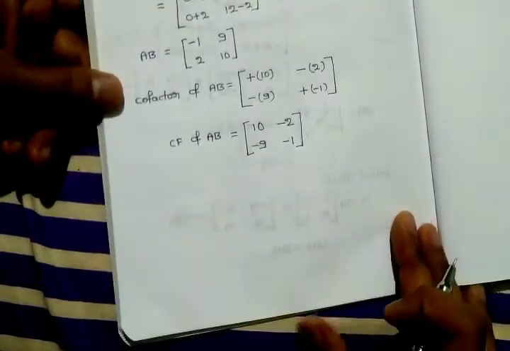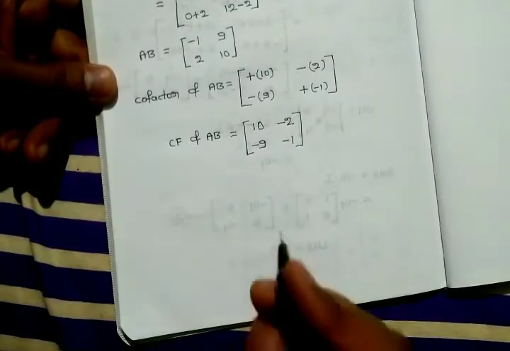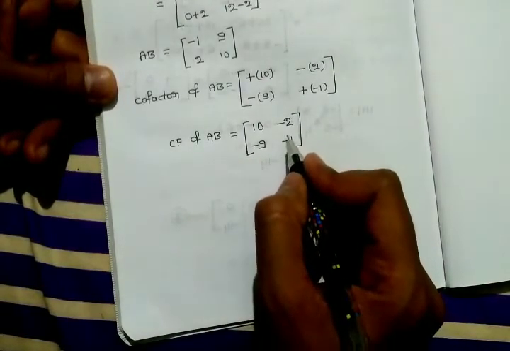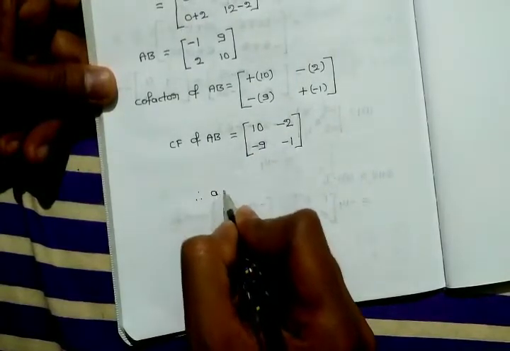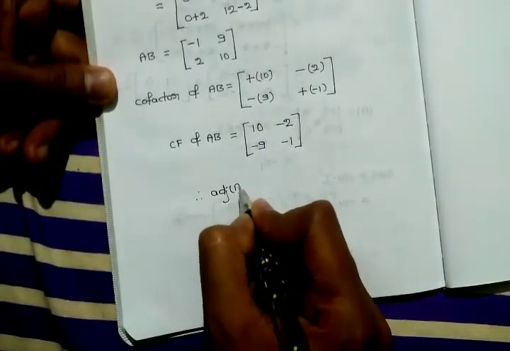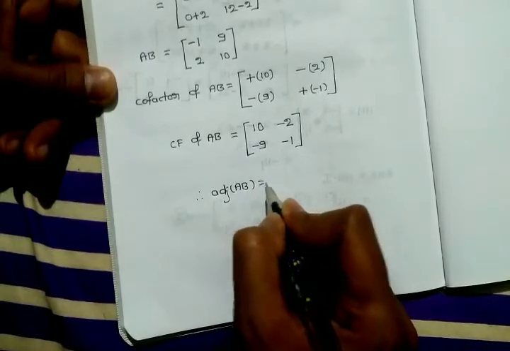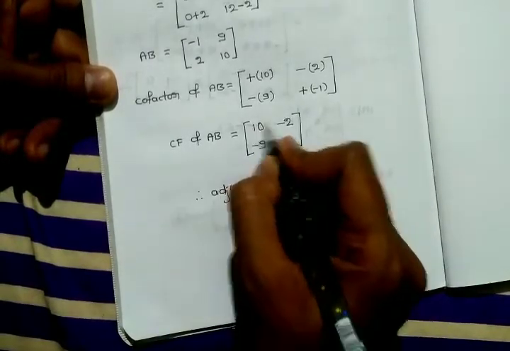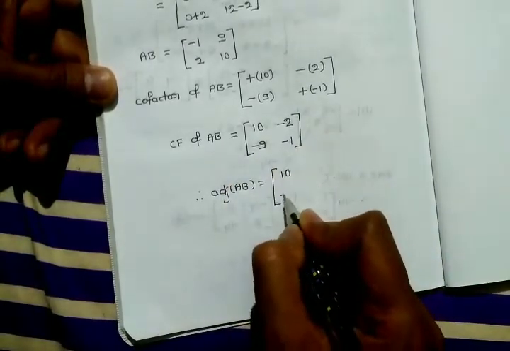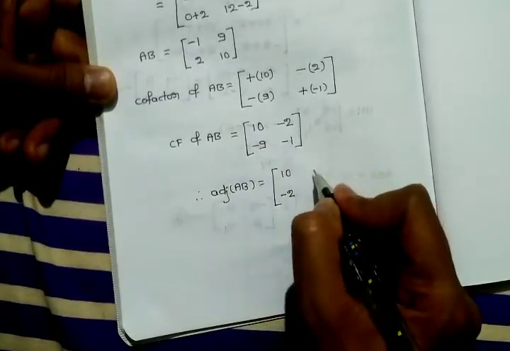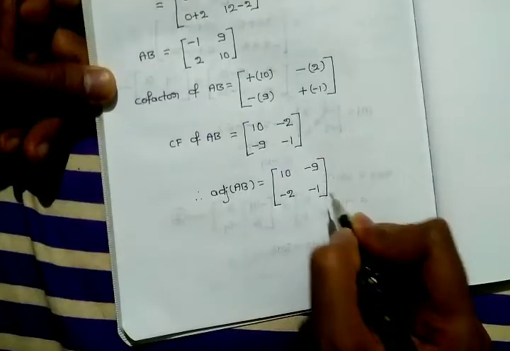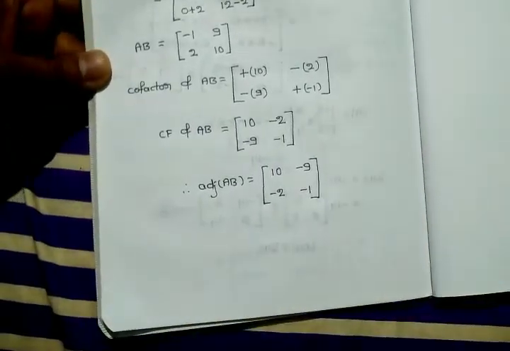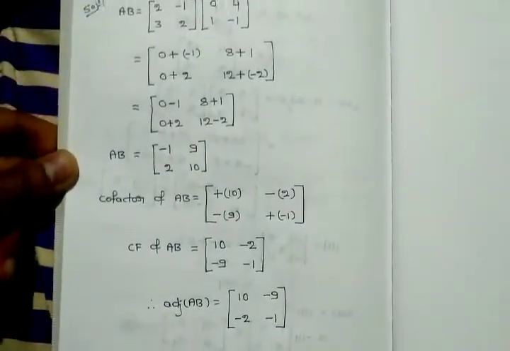So next, find out the adjoint now, by taking the transpose of cofactor of AB. Therefore, adjoint of AB is equals to, so first row I am going to write it as a first column, second row I am going to write it as a second column. So this is the value of what here? Adjoint of AB.